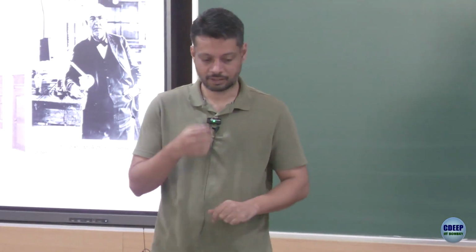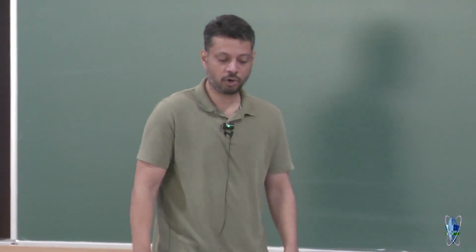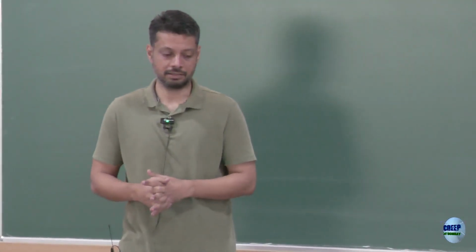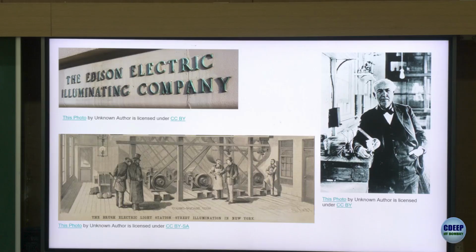So, Edison, all of us know. Edison was more of an inventor, I would say, and he of course had his own company where he was converting some of his inventions into commercial products. So, this was one of the early installations of a power system, so to say.